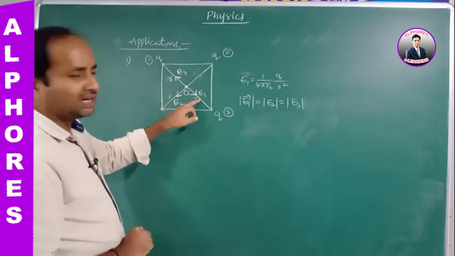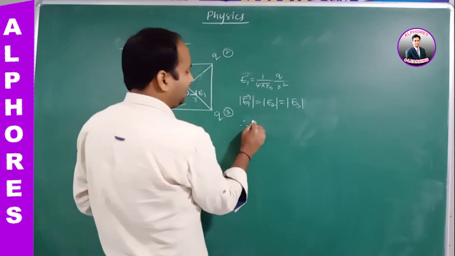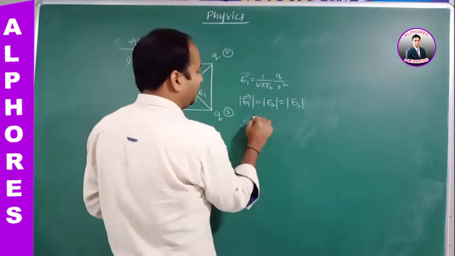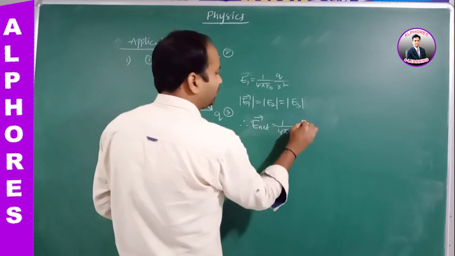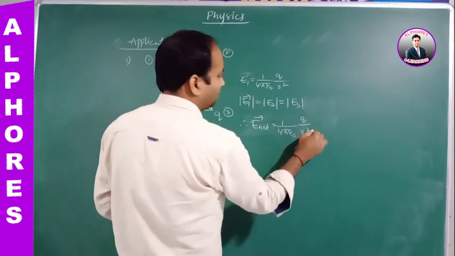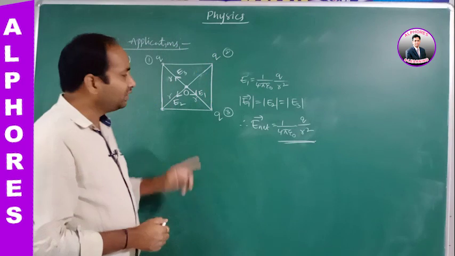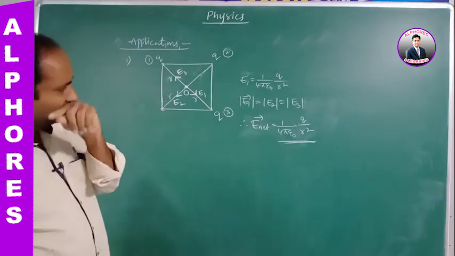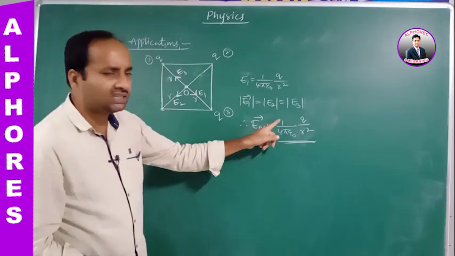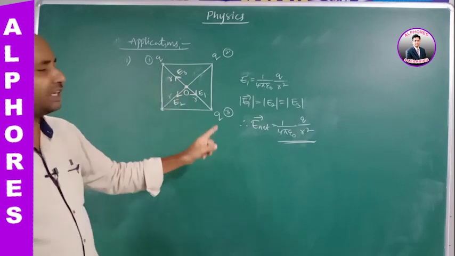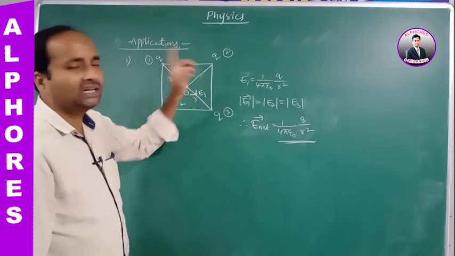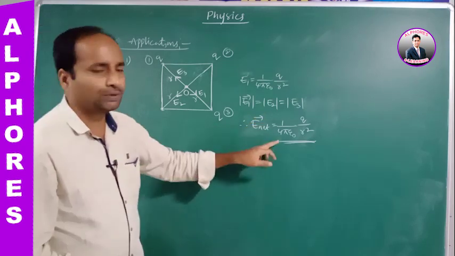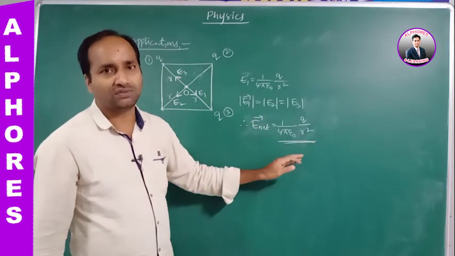So these two are cancelled. Therefore, the net intensity of electric field is 1 by 4 pi epsilon naught Q by R square. That's it here. When the fourth corner is empty, the net intensity of electric field is nothing but the intensity of electric field due to only one corner, that is the third corner or second corner here, 1 by 4 pi epsilon naught q by r square.